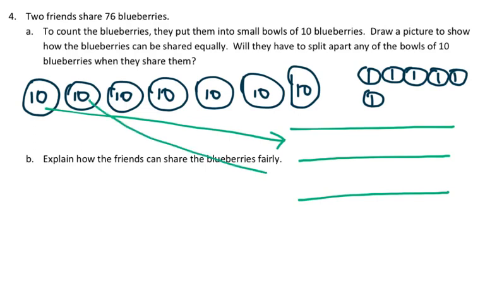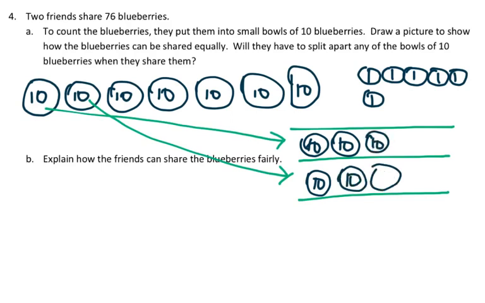And this one would go here. And I would do that until all of them are taken up. So when I do that, I'll have 10 here, 20, 30, 40, 50, 60. So that takes care of 1, 2, 3, 4, 5, 6 of my bowls of blueberries.